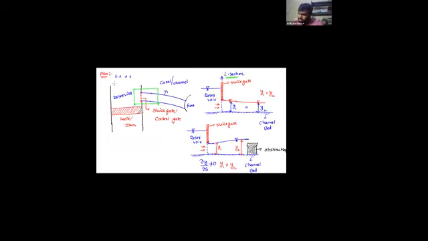Now, up to this point the flow remains uniform. But once it touches the weir, what is going to happen? I'm giving you the example.